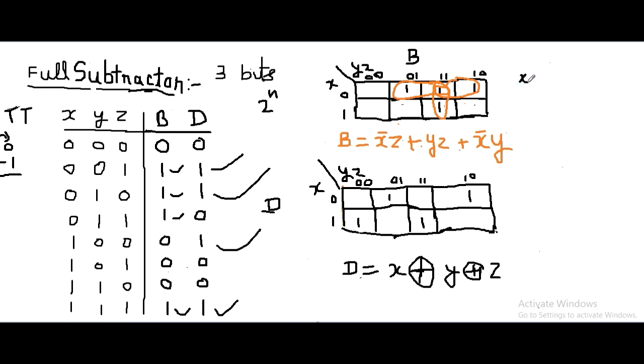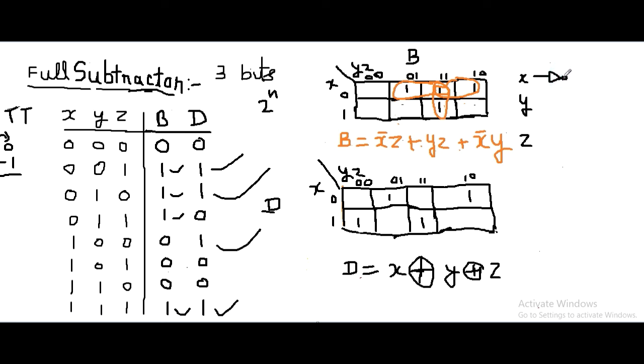The logic diagram is very easy for you, because you know that this is the sum of product form, and for B we have x complement z. So we need to use an inverter to invert the x.